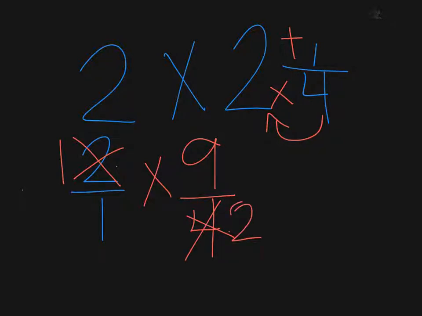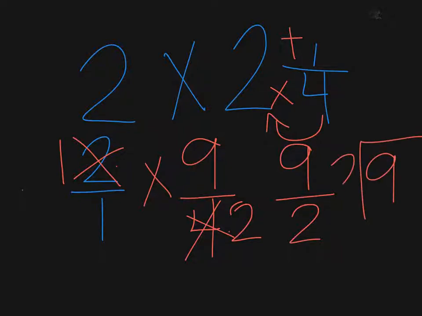Very good. Now, I have 1 times 9. What's 1 times 9? 9. 2 times 1? 2. But can I leave it like this? Because what is this? Improper fraction. Excellent. In Miss Street's class, are we ever improper? No. We're always proper.